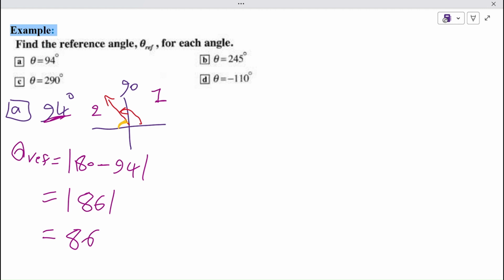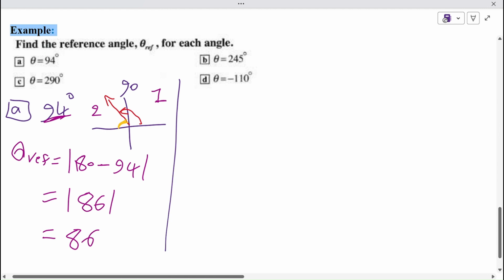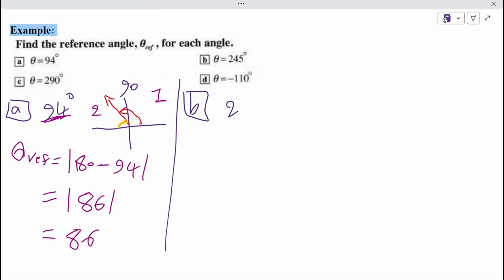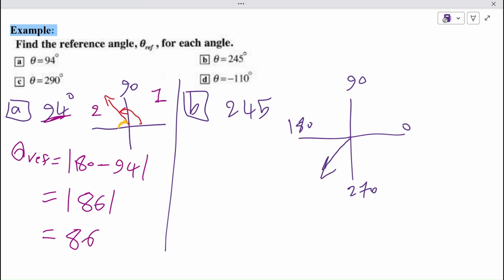B. Our theta is 245. Let's sketch it here. 245 is here, guys, in the third quadrant. This is 0, 90, 180, 270. 245 is right here, so our reference angle is here.